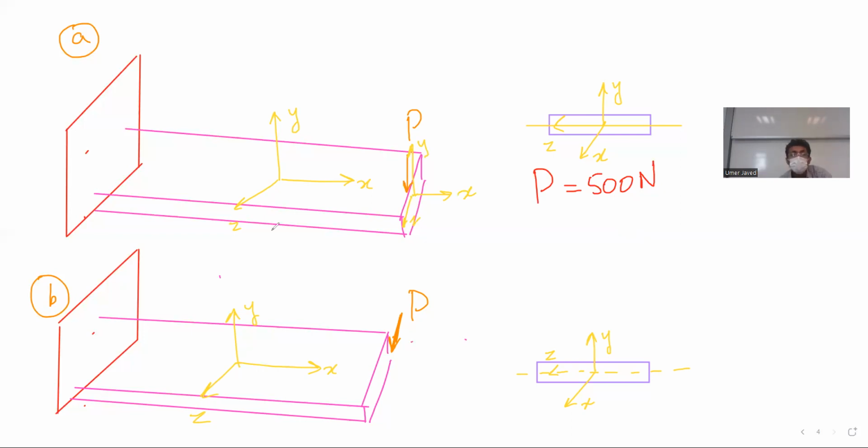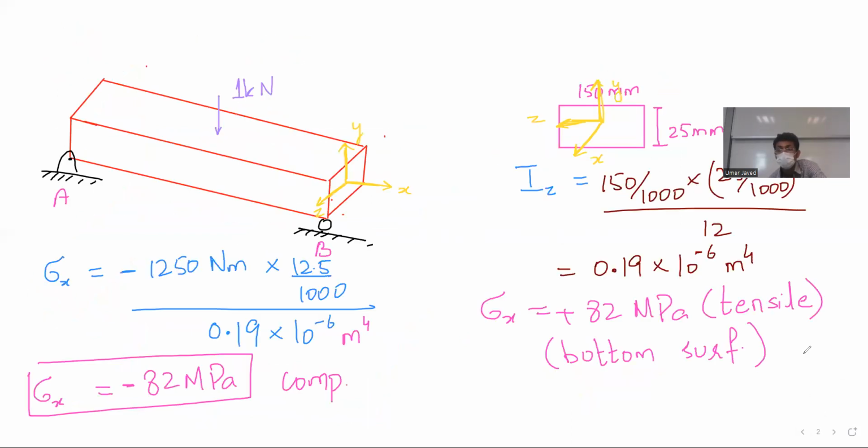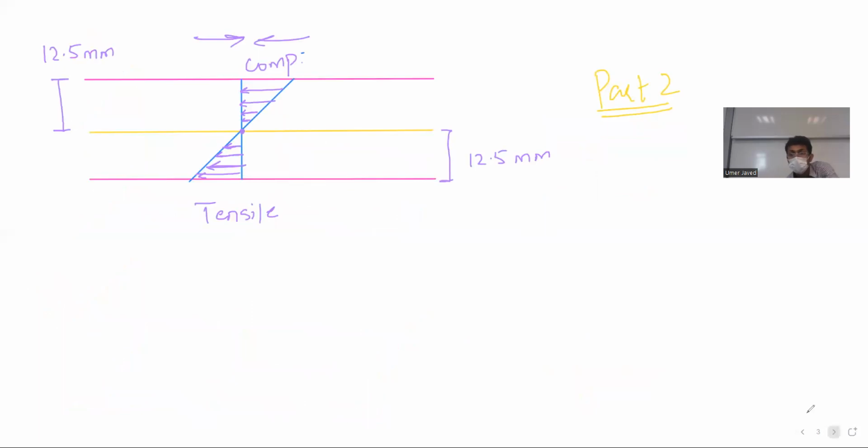Okay. What is the length? Okay. 5 meters. In fact, 5 meters, no, make it 2.5 meters. I'm saying I want to make this as physical a problem as possible, not a hypothetical problem. Dimensions of rectangle, you can copy paste from this one. 150 by 25.